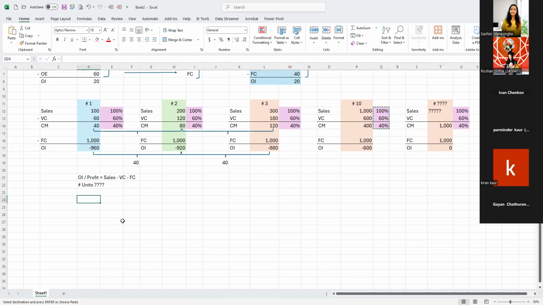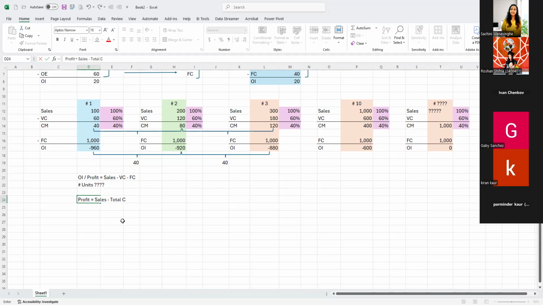We already know that profit is equal to sales minus total cost. If I deduct the total cost from my sales, I'm going to get my profit.